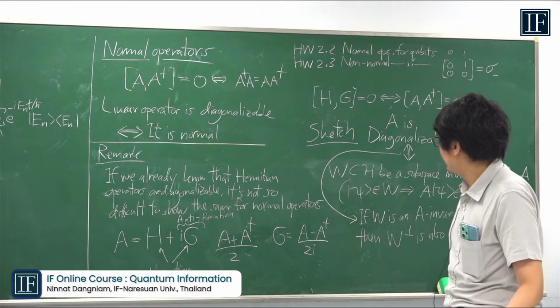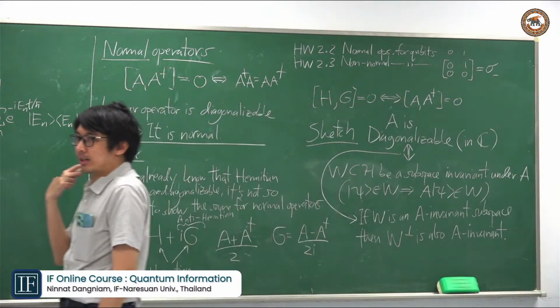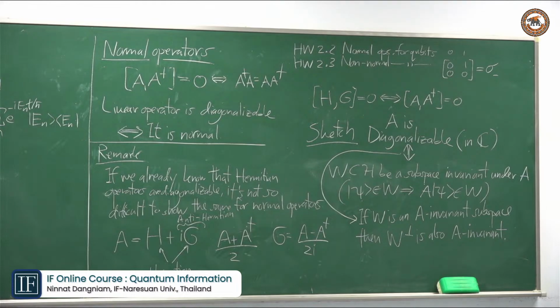The rough idea is that in the complex field, every linear operator must have at least one eigenvalue and one eigenvector. That's just because when you solve for the eigenvalue from first principles, you find the solution of the characteristic equation, the determinant of A minus lambda I.